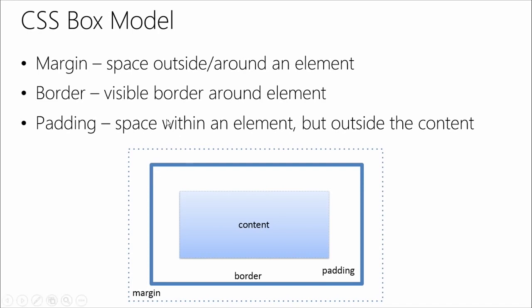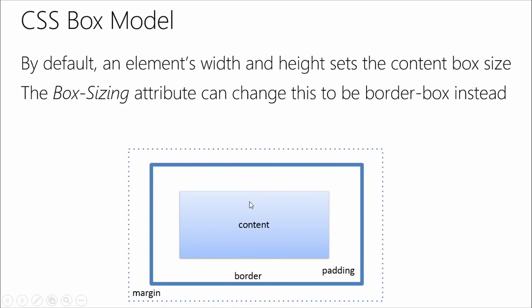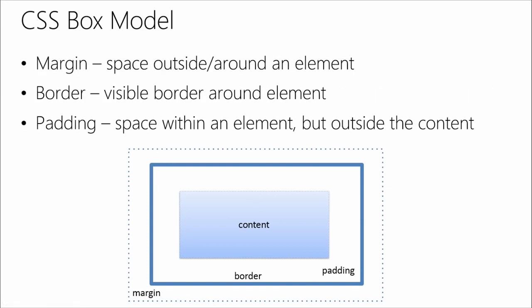Now, the margin is a space outside of an element. The border is the visible border around the element. And the padding is a space within the element, but outside of the actual content that you have inside of it. This is kind of a little bit confusing because when you think about the size of a box, you don't really think about the size of it including some space around it.